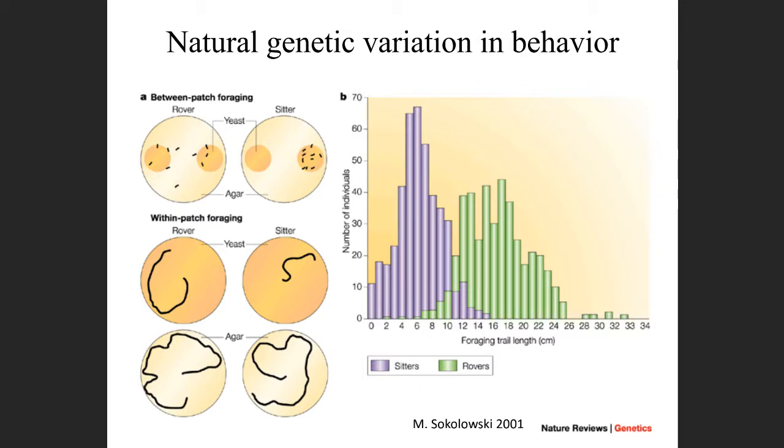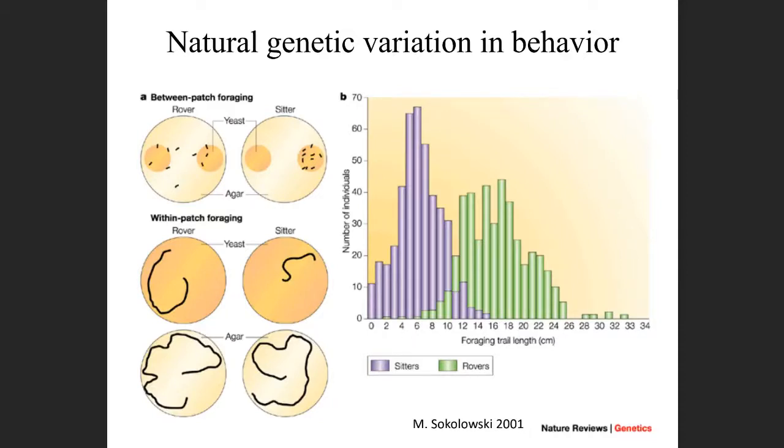So what you can see here is there's some overlap, but on the x-axis we have foraging trail length. The sitters have an average of about 5 centimeters in the petri dish trial within a yeast patch.